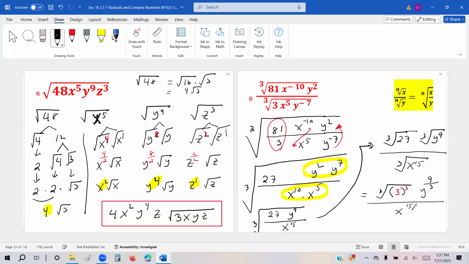X is 15 divided by 3. Cube root and cube power cancel out. We have 3. Y to the which power? 9 divided by 3 is 3. Divided by x to the 5. This will not be in the exam, but it will be in a quiz and homework.